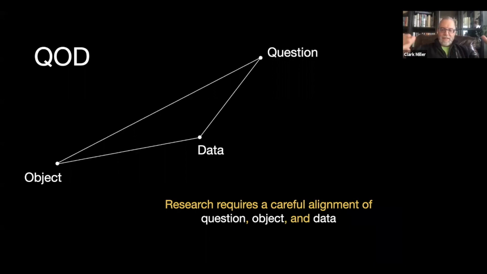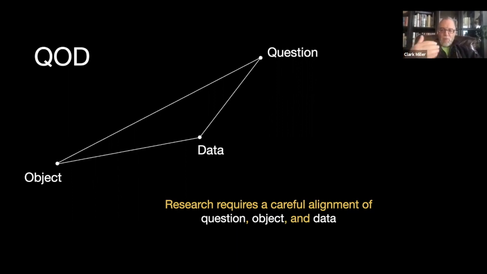And the point is that in order to do research well, in order to get answers to questions that are reasonable, good approximations for good answers, that generate knowledge that we can use, you have to align these three things.